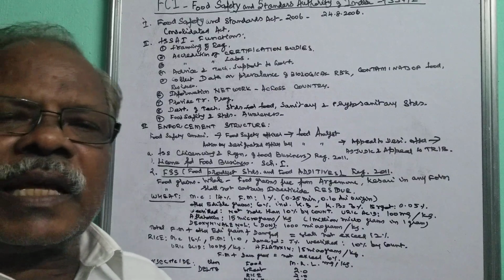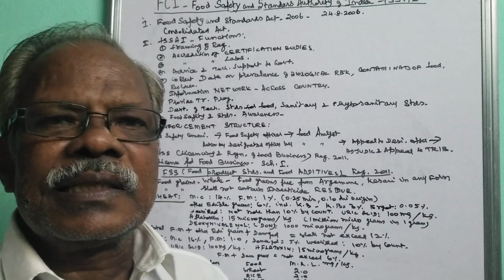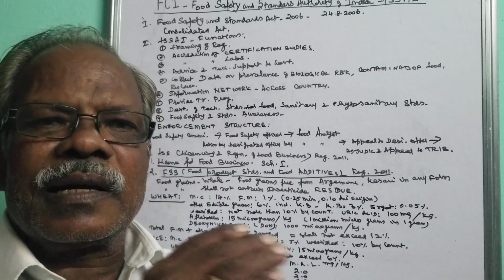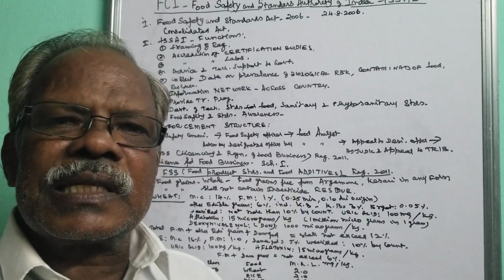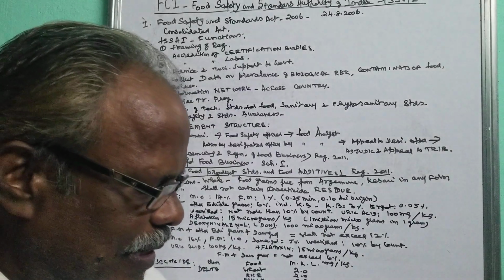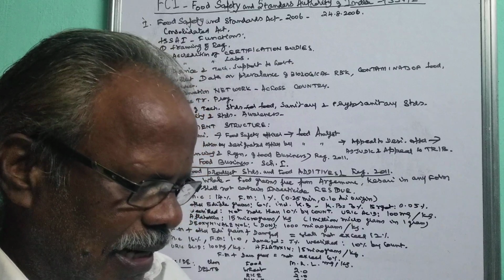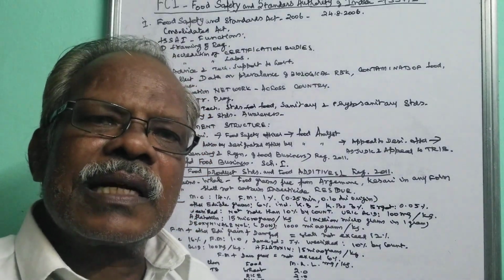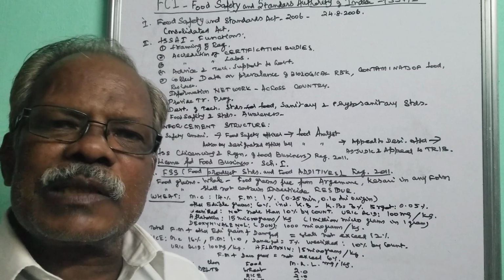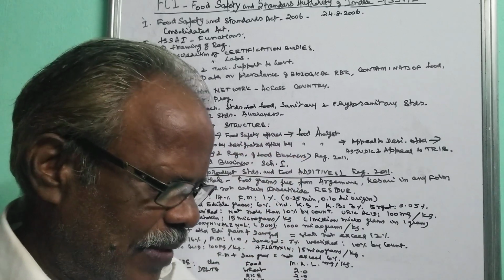Previously, there were so many acts on food safety and standards, that is the Prevention of Food Adulteration Act and so many others, and those have been consolidated and brought into the Food Safety and Standards Act.